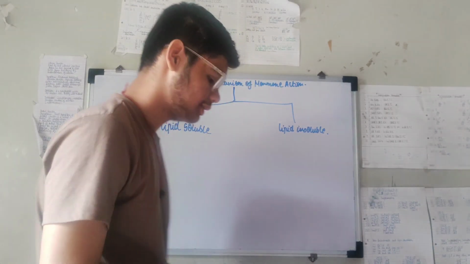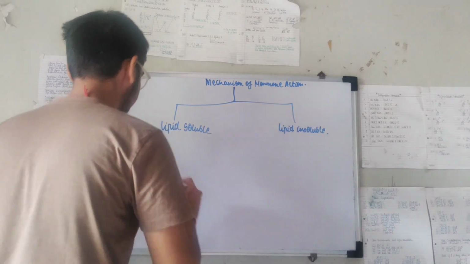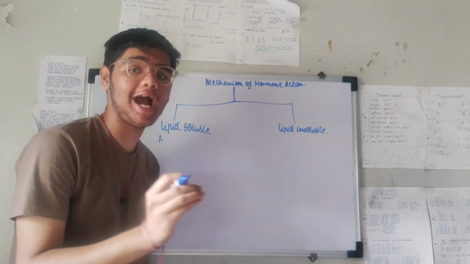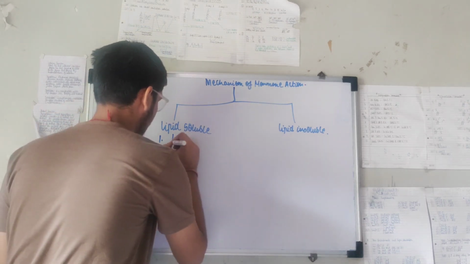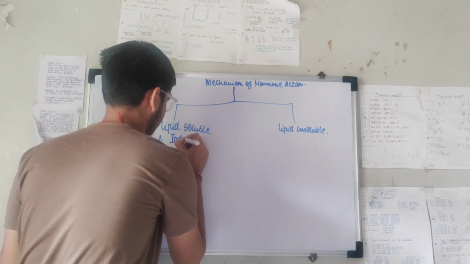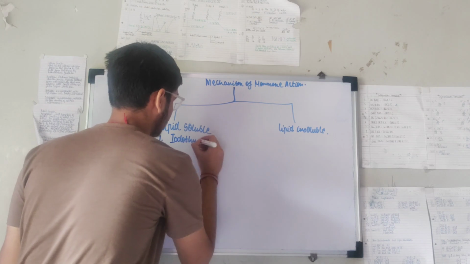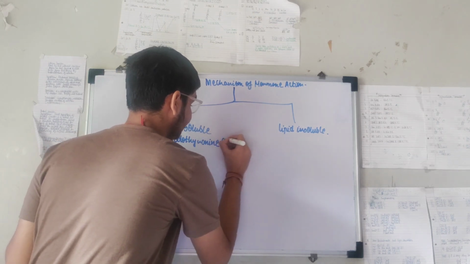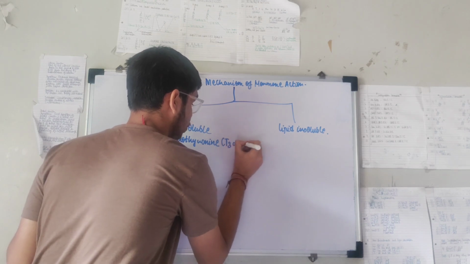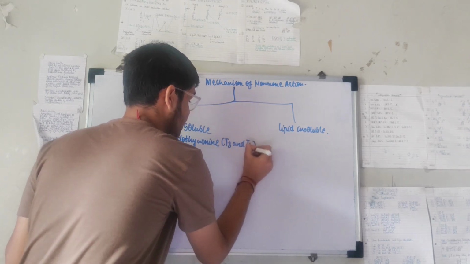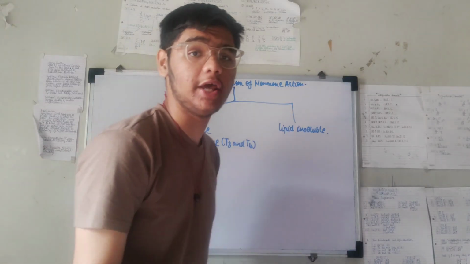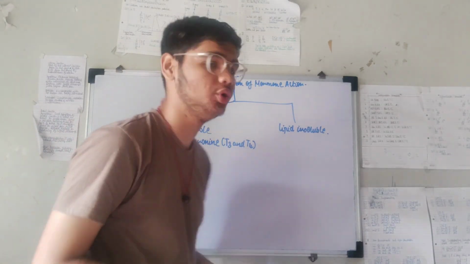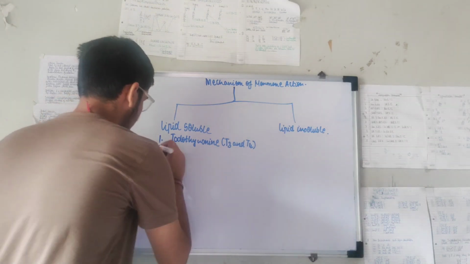So let's write the hormones present in them. Lipid soluble. First we have iodothyronines, which include T3 and T4. T3 is triiodothyronine, T4 is thyroxine or tetraiodothyronine. Simple it is.